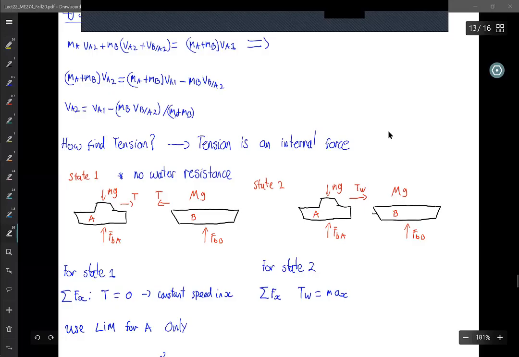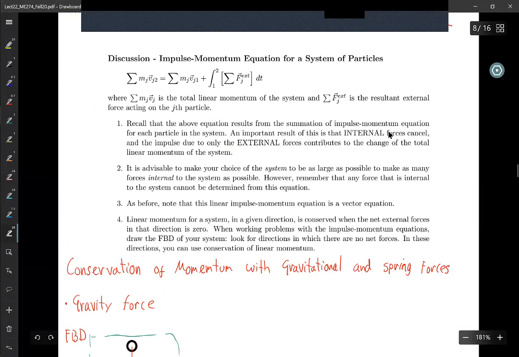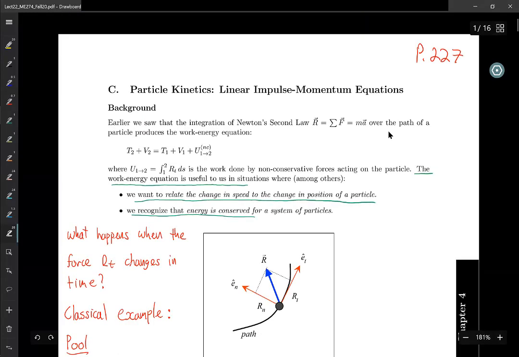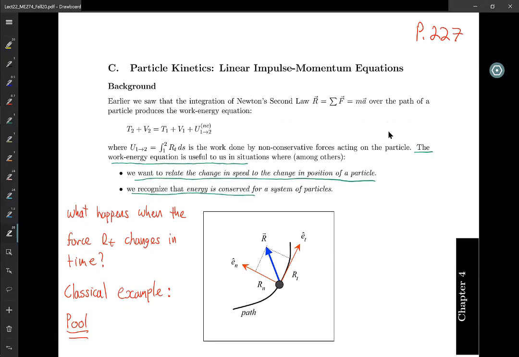So now let's get on with the class. We are studying the linear impulse momentum equation. We went through this already, but it's another embodiment of Newton's second law. We integrate with respect to time, and then we get it.